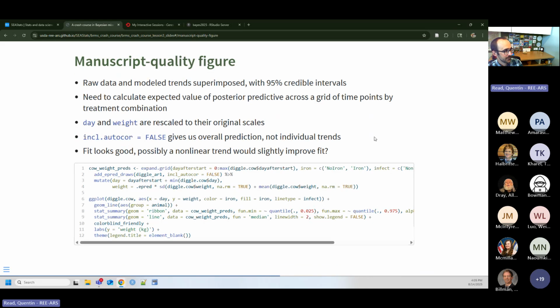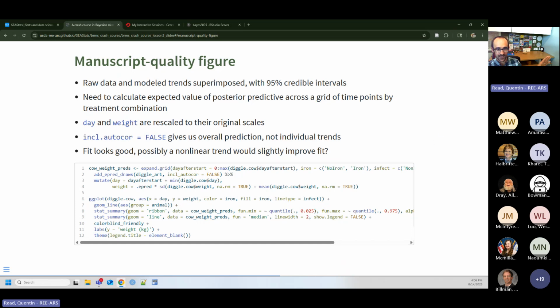And in this figure, again, it's a lot to explain how it was created, but basically we want to generate the model predictions over time. So we generate a model prediction for every combination of treatment and a grid of evenly spaced days to plot it.